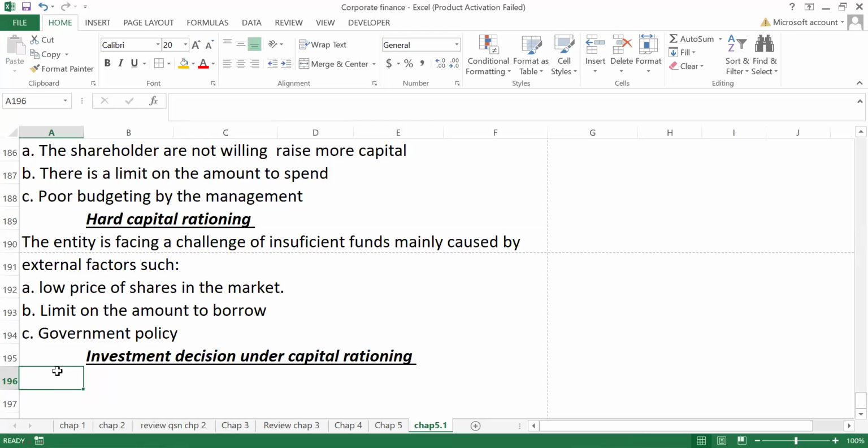For example, if you are building a school, you can start with the nursery, then from nursery you go to P1, then P2, implementing slowly. In that case, that project is divisible. But there are some projects which are not divisible, meaning you either implement or not.